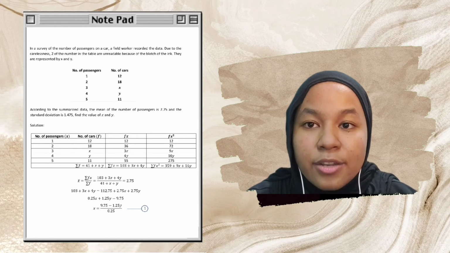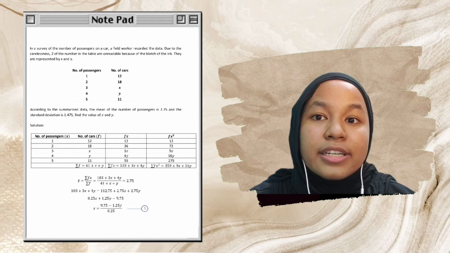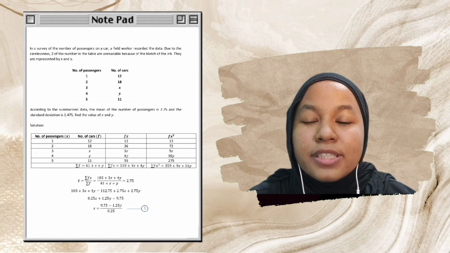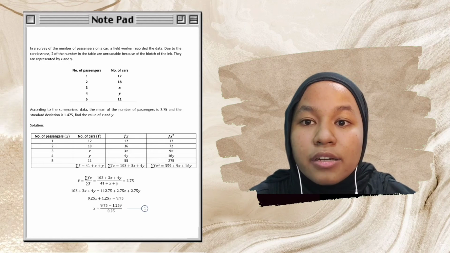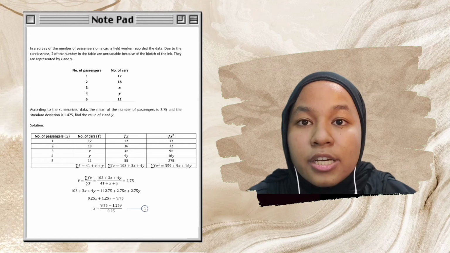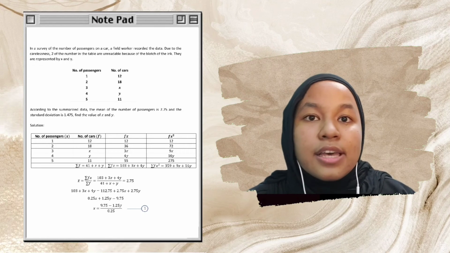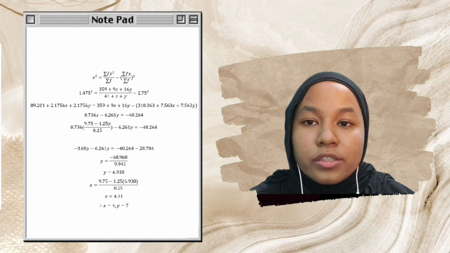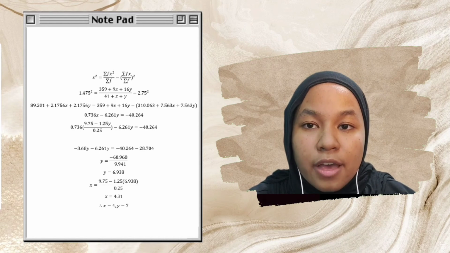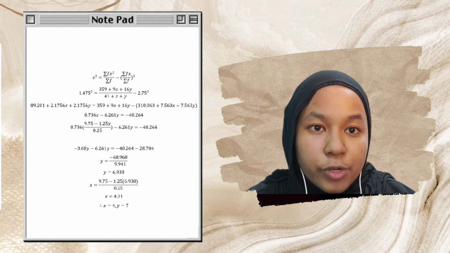In the mean formula, there is the total of fx, so we need to form a table consisting of x, f, fx, and, due to the standard deviation formula, we need the total of fx squared too. So in the table, we include fx squared.